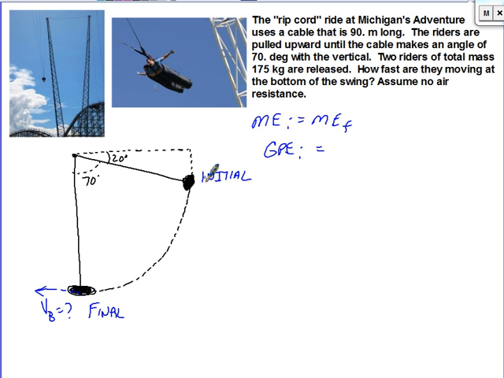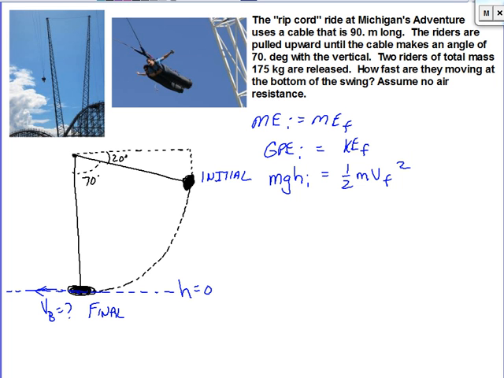Since they're not moving, the only form of energy that they have is GPE, and I should make sure I state what my reference position is. H is equal to 0 down at the bottom, which makes sense. Over here, mechanical energy final is just going to be the kinetic energy that they have at the bottom. I see that mgh initial is the only form of energy they have at the top, and that's going to end up going to 1/2 m v final squared.